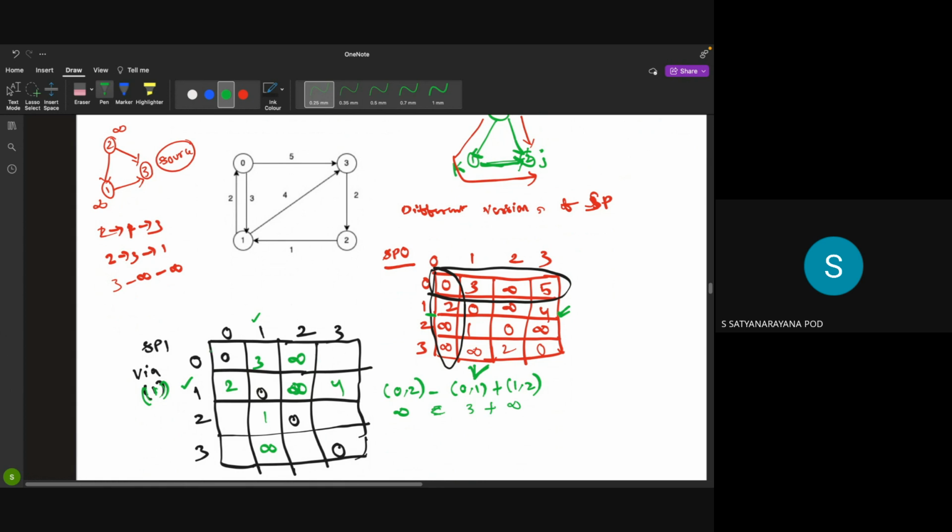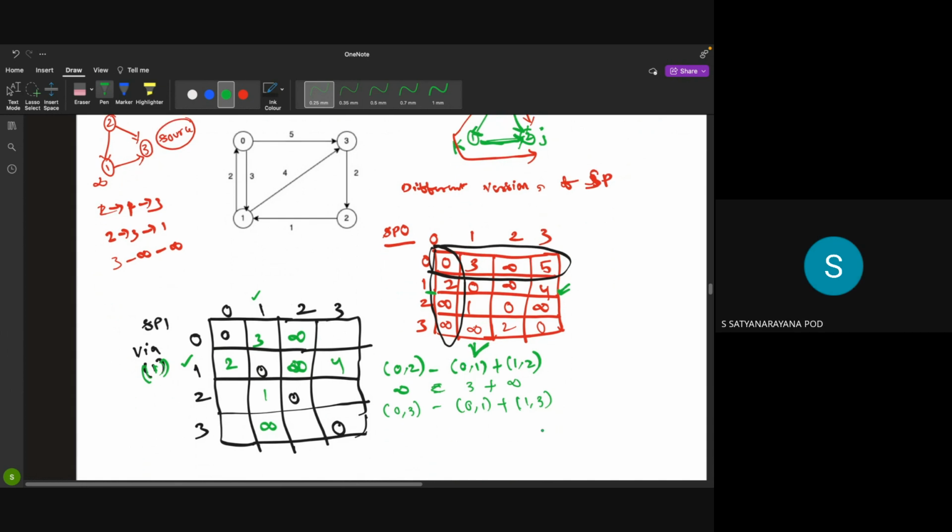Is it okay? Now 0 to 3 we are trying. 0 to 3 is 5. Via 1 also we'll try. So 0 to 3 means 0 to 1 we can try, plus 1 to 3 we'll try. Is it right? So now 0 to 3 we'll see.